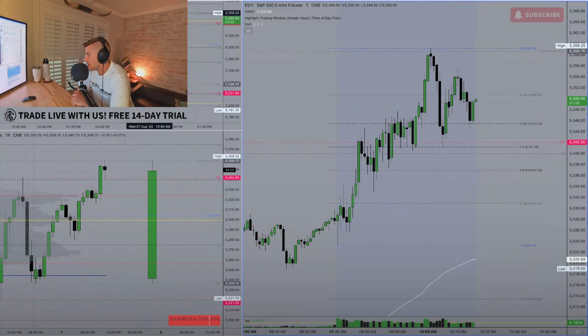Green, flat, tiny green, still flat. Okay, a lot of flat. All good. Session is young.